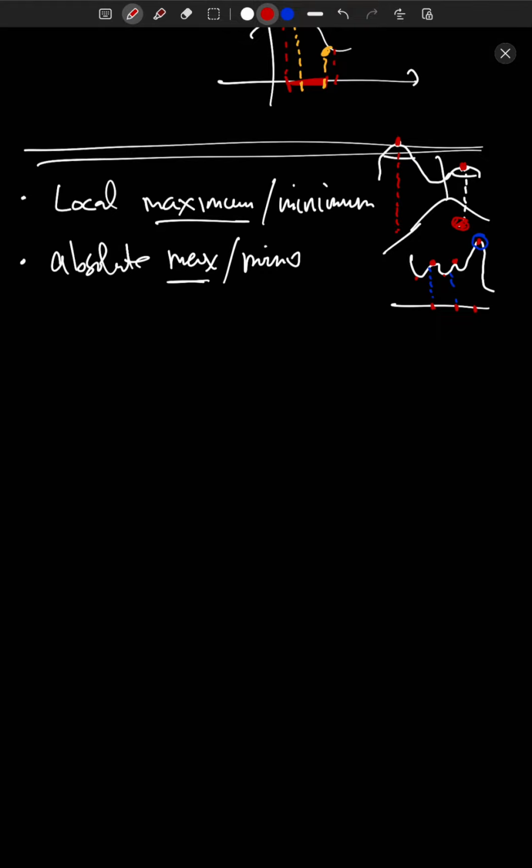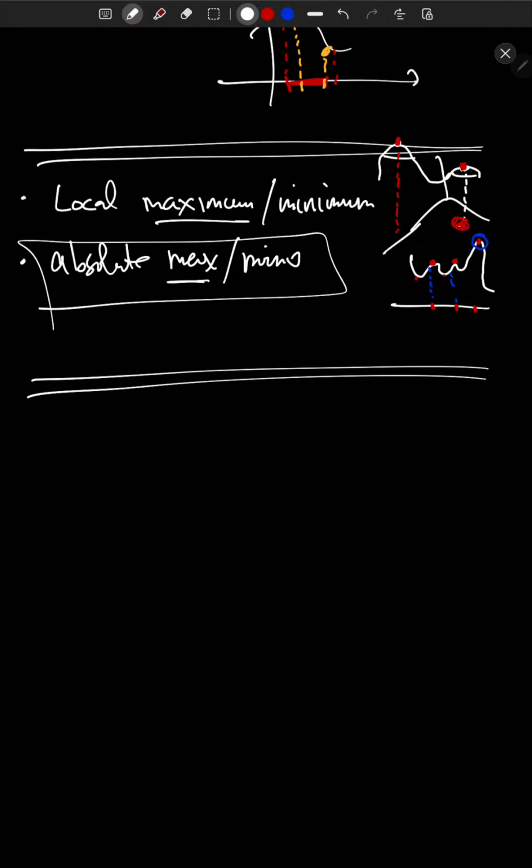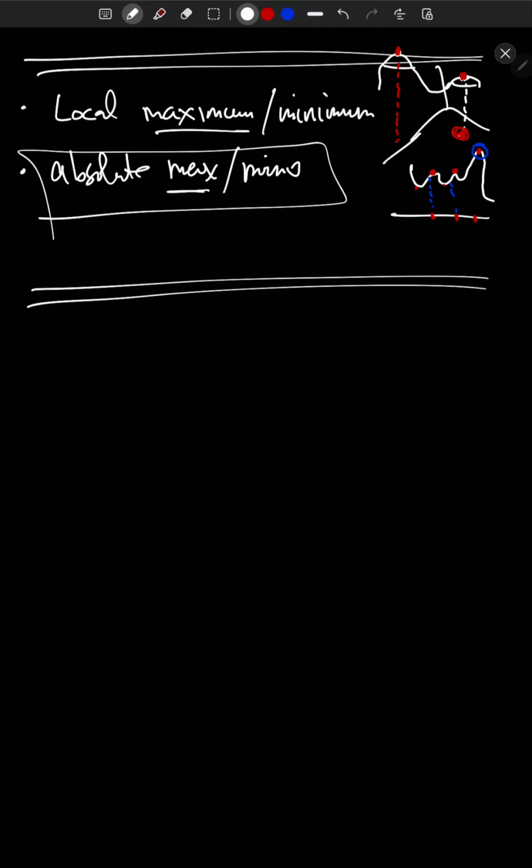All right, so what was the strategy in single variable calculus for finding absolute max and mins? Well, we had an interval that we're interested in. We have our function.